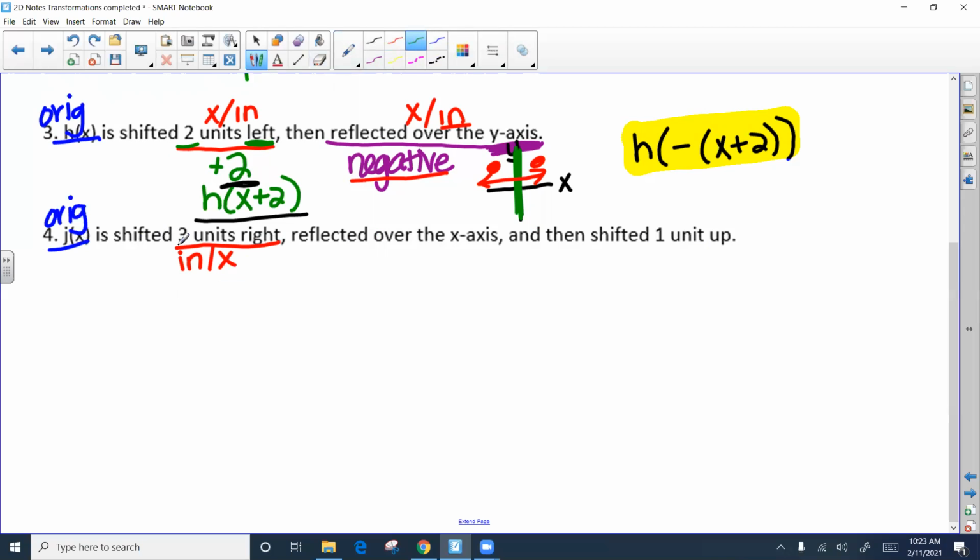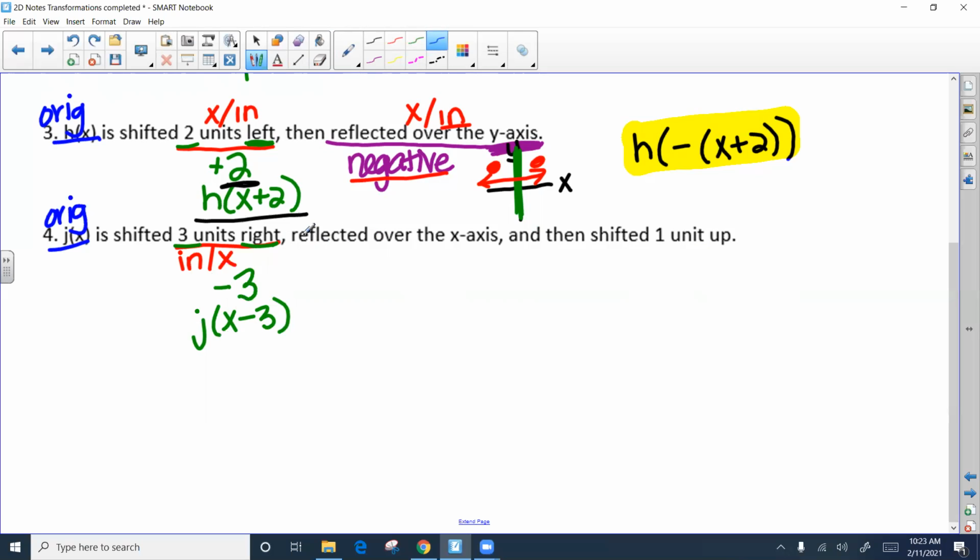And I also know anything with the x is going to do the opposite operation. So shifting to the right would be subtracting 3. So after this first step, I would have j of x minus 3. Okay, that's just shifting to the right.